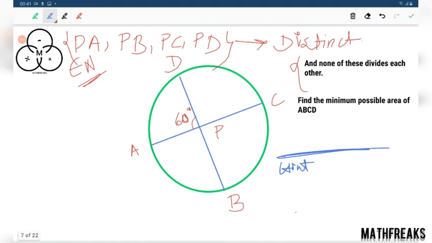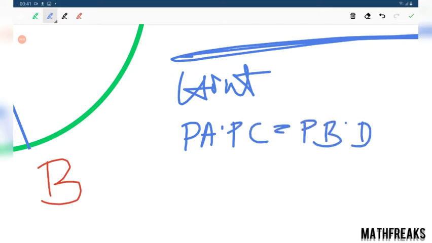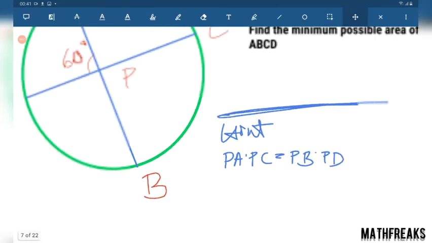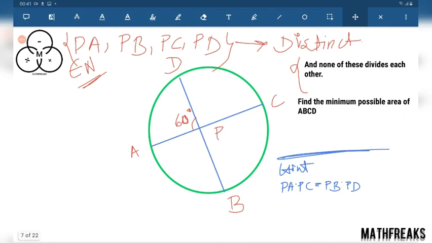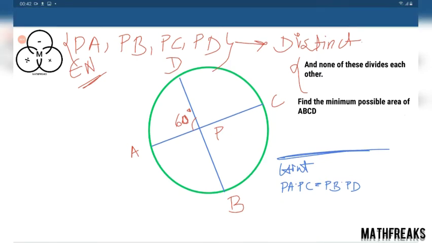The most important hint is PA times PC equals PB times PD. Using this, and the condition that none divides each other and all are natural numbers, we just need to bash, or you can apply your own logic and find the pair.